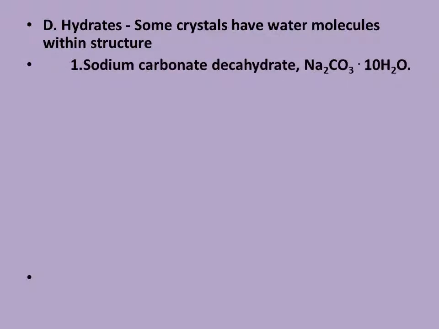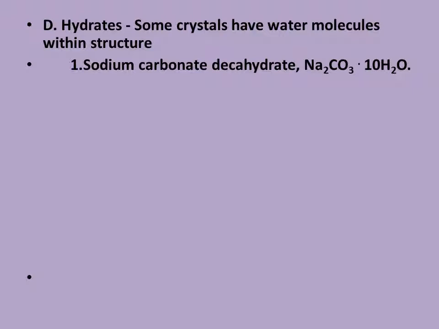So here's a couple of them. Sodium carbonate decahydrate. So we know sodium carbonate's Na2CO3. The decahydrate, deca means 10 waters. Note that that little dot between sodium carbonate and the 10 waters means that it's stuck to it. It's not truly bonded like there's 2 Na, 1 C, and 3 oxygens bonded to it.